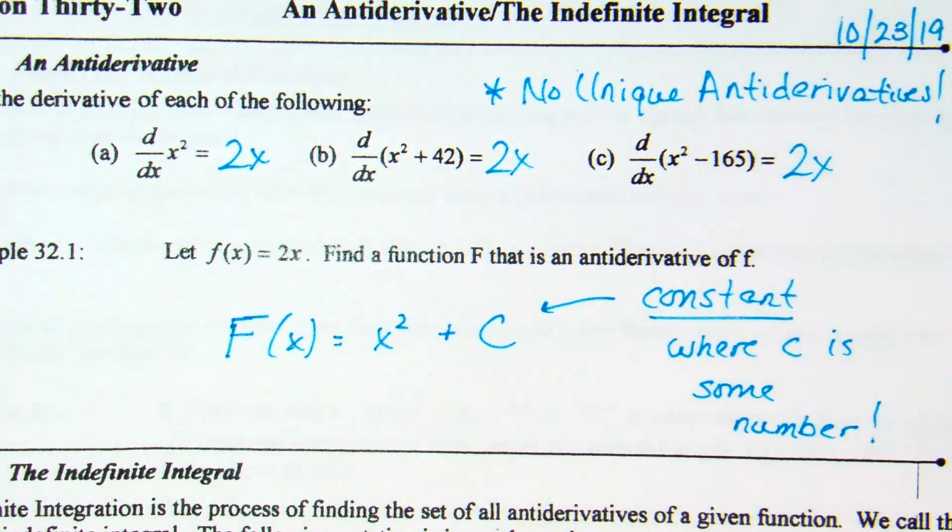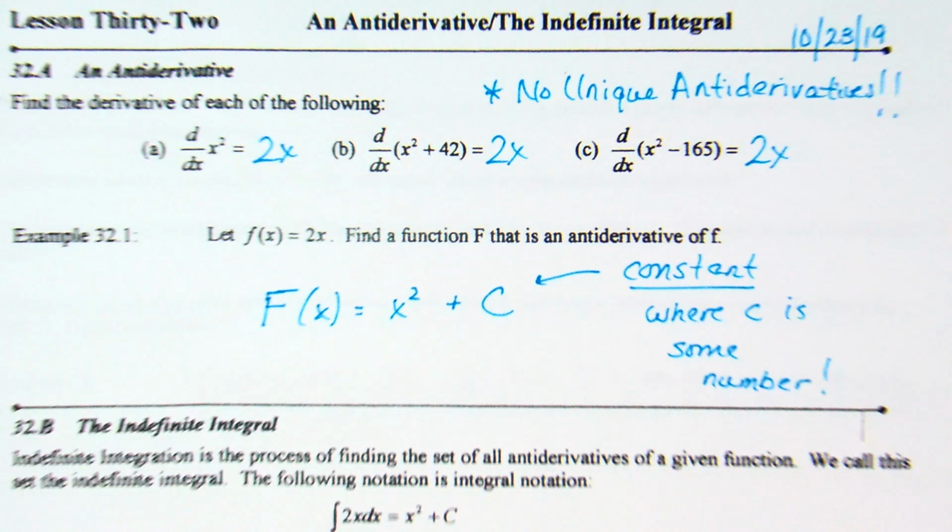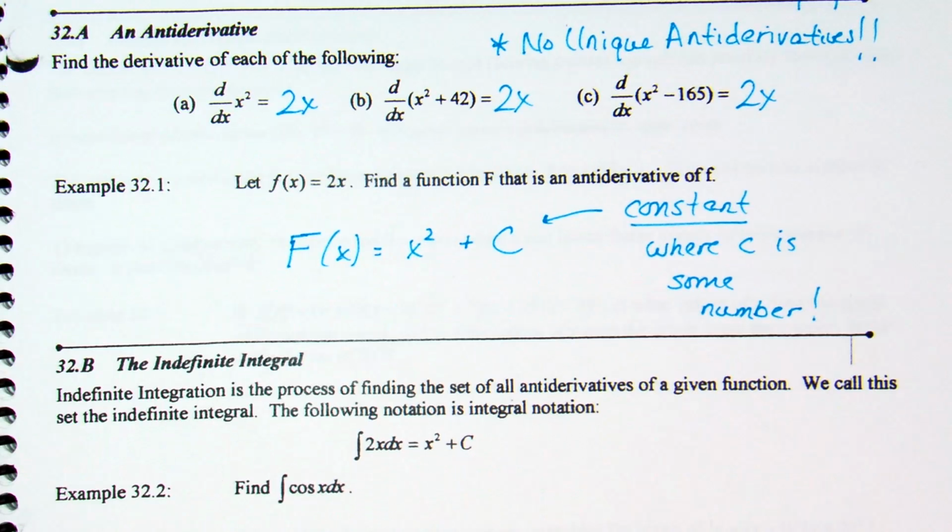Okay, so antiderivative. I generally like to think of it as the opposite of derivative, right? Undoing it. Now, leading in down here. On occasion, you will be asked to find the antiderivative. More often than not, though, you will be asked to find the integral. Okay?